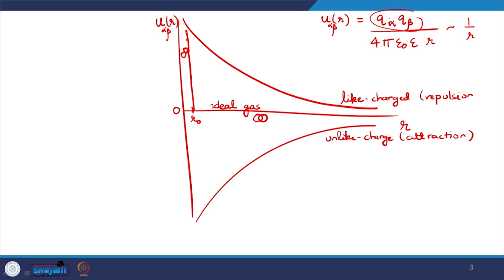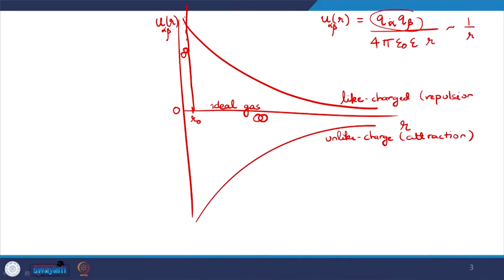And why is that? Once the interaction energy becomes infinity, the particles will not overlap, because ultimately the system wants to go towards a lower energy state. A positive, high energy is something that the system will not like to have. So, as soon as we are less than R O, the energy goes to infinity.